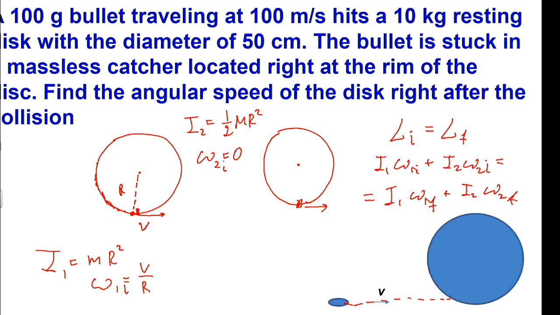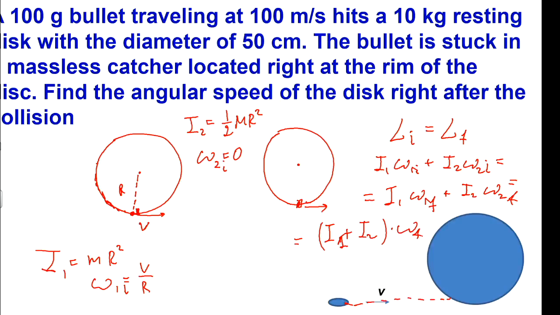Afterwards, they start moving together. So they actually have the same angular velocity. And afterwards, because this is a standard absolutely inelastic collision, they travel as one whole object. So this is how we can set up our law now.